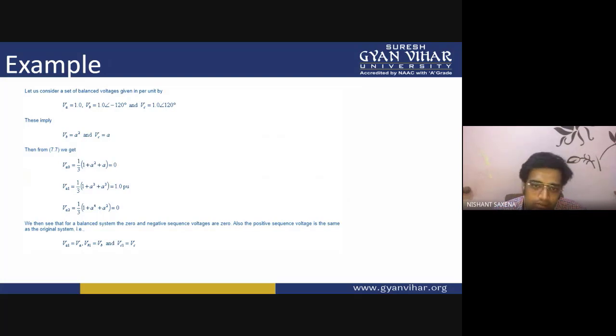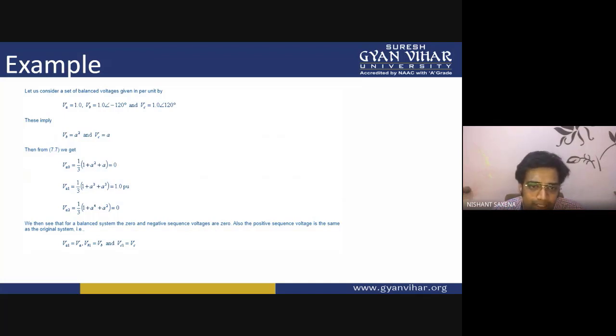What is it? 1 upon 3, [1, 1, 1; 1, alpha, alpha square; 1, alpha square, alpha]. This is your C, the symmetrical component transformation matrix.